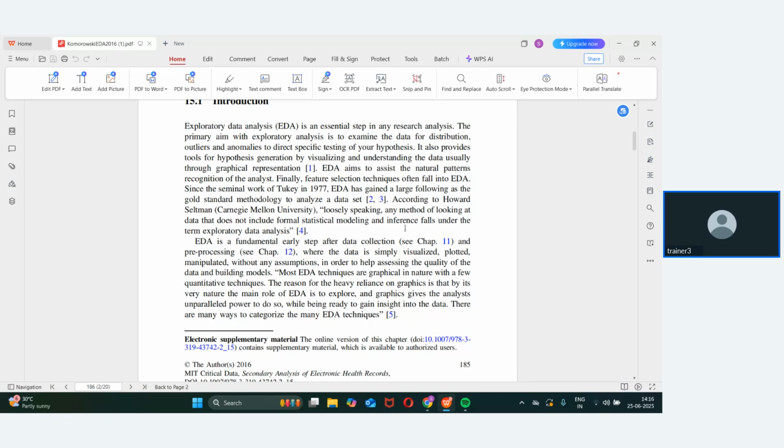Also, feature selection techniques fall into EDA. So, what is feature selection? Selecting only the features within a data set that are required for us.